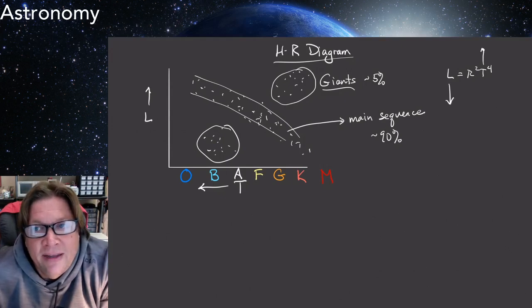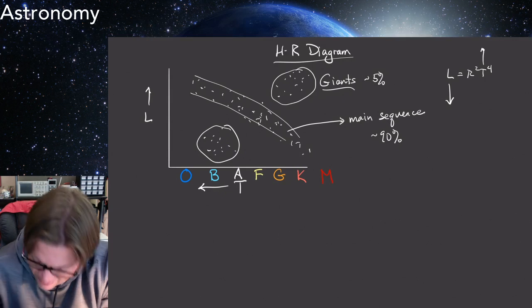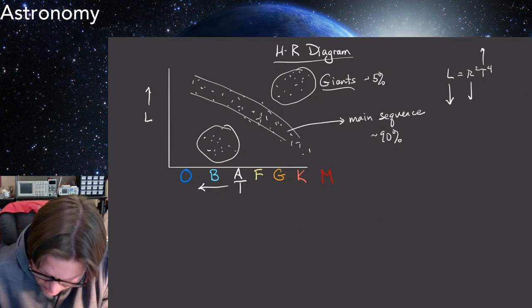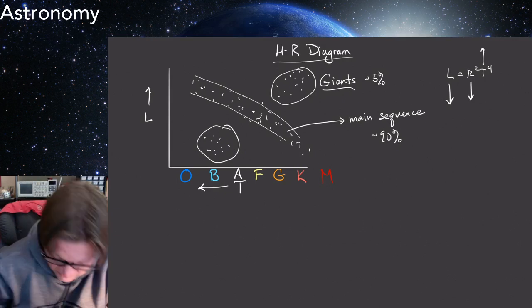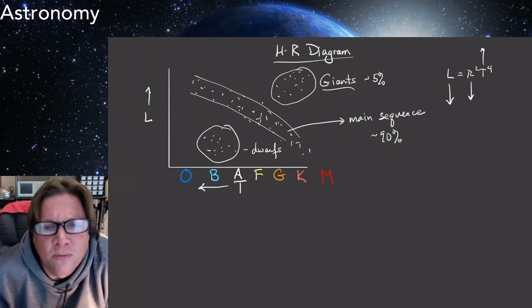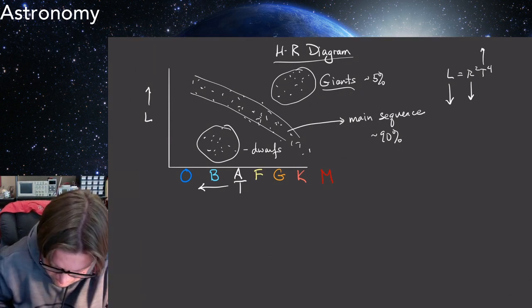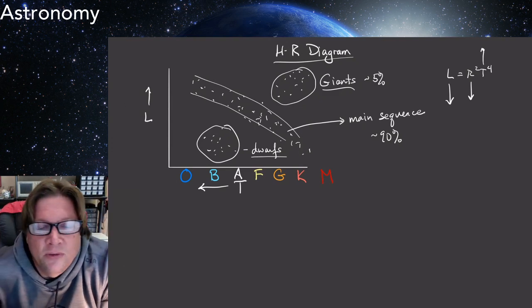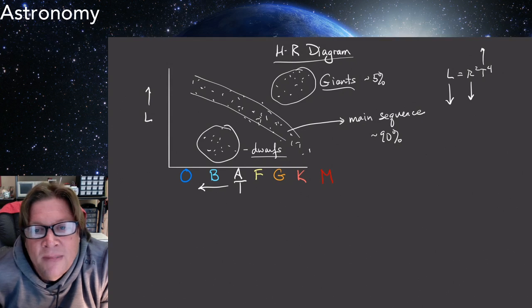What's the only way that T could be really large and yet L is really small? That's if R is small. These stars are tiny. They're dwarfs. Not dwarves with a V, it's dwarfs with an F. So that's another 5% or so.